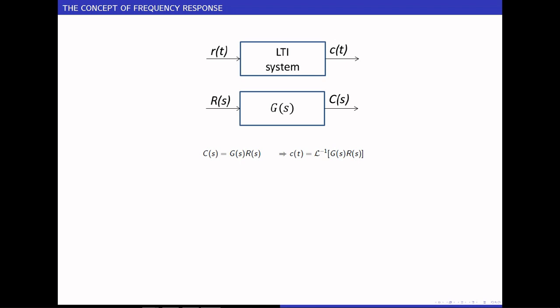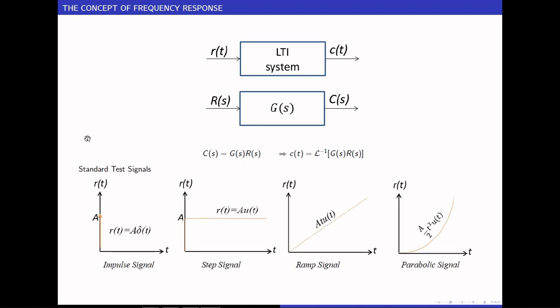Though the system in real time is subjected to any arbitrary input, we test the system for particular inputs. See, this R of t can be any arbitrary input, but when it comes to testing the system, we do it with a few standard test signals. So you should be aware of these test signals: the impulse signal, the step signal, the ramp signal, and the parabolic signals.